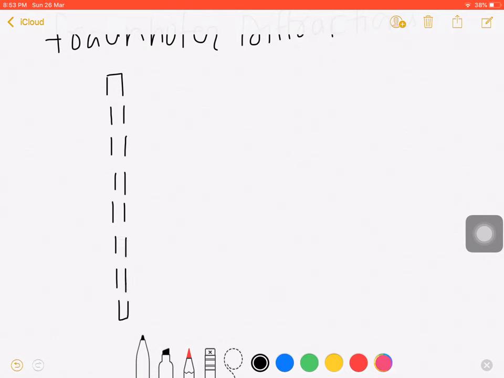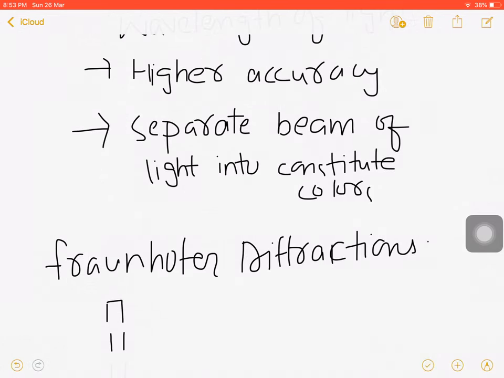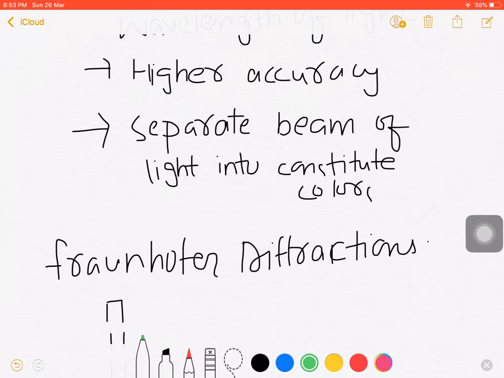Basically the light we use has a wavelength of 400 to 700 nanometers, right? As we know, for diffraction to occur, the wavelength of the light and the distance between two slits must be equal or approximately equal.